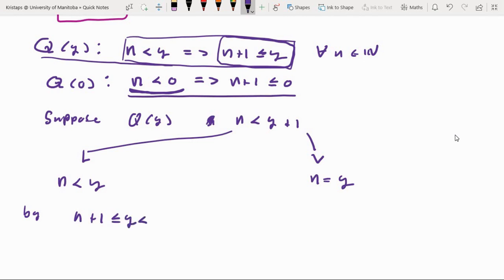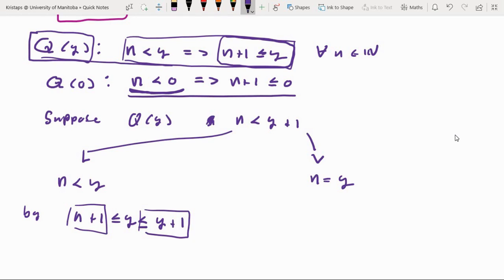And since y is less than y plus 1, it's less than or equal to y plus 1, and thus we've shown that n plus 1 is less than or equal to y plus 1, which is exactly what we want to prove, that the statement Q at y plus 1 is true.